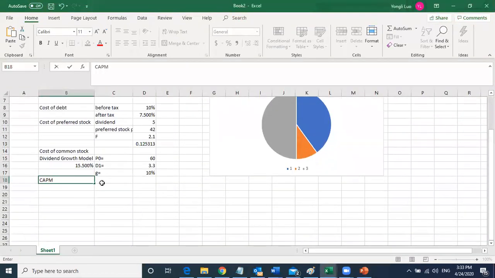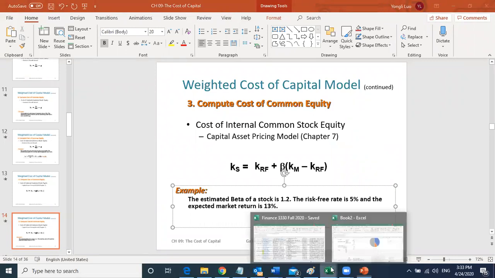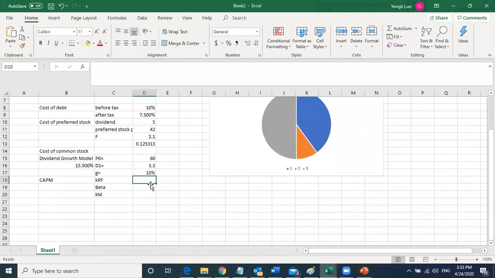So remember that we have a risk-free rate, a beta, and a return of the market. The risk-free rate is 5%, the market return is 13%, and then you have beta 1.2.